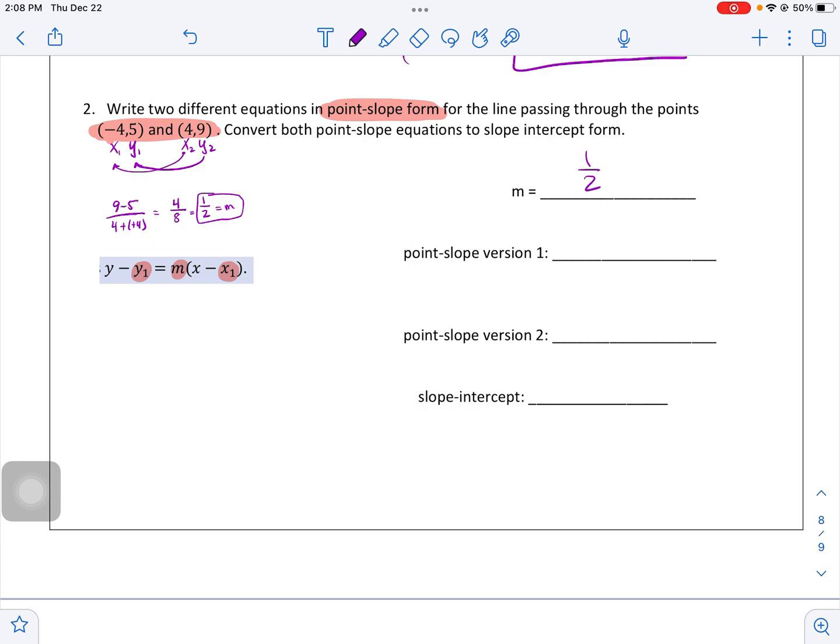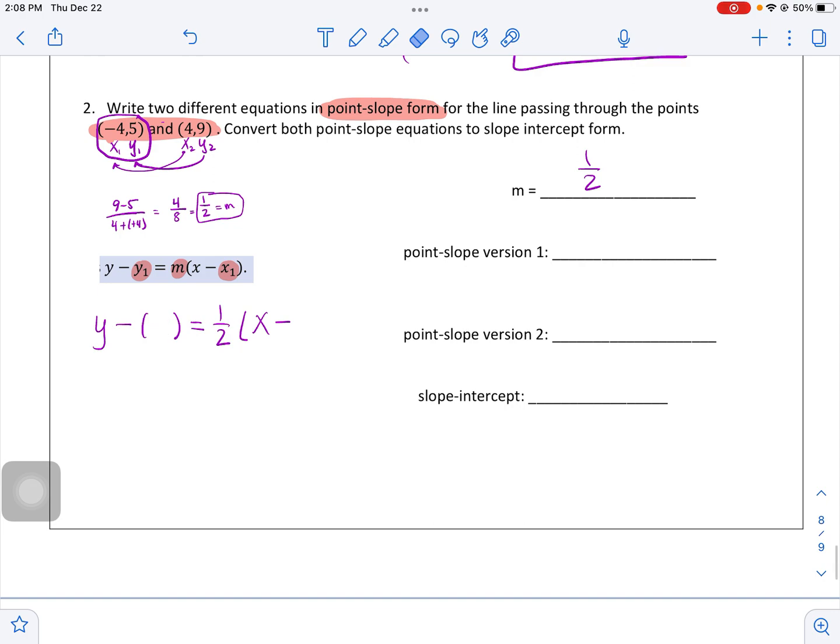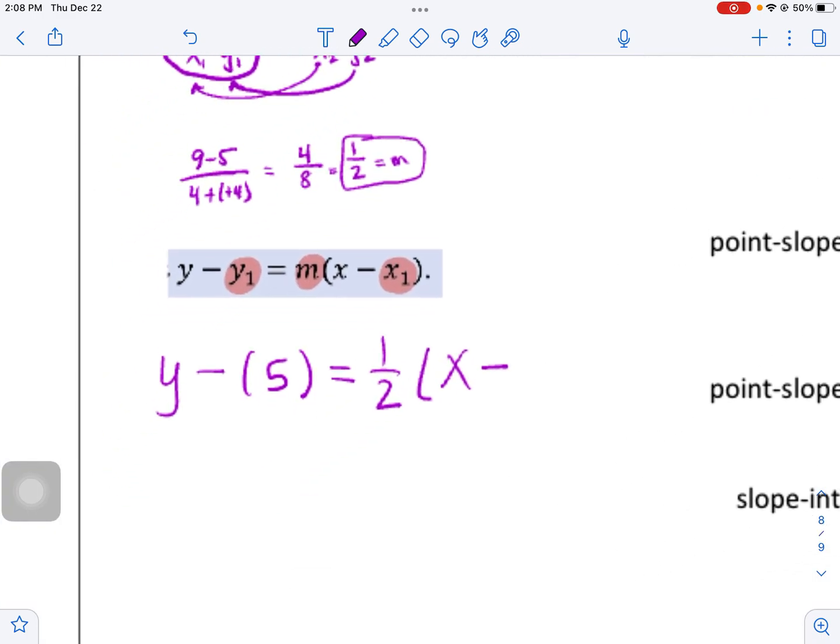So I have y minus y1. Here's my y1, we're going to pick that one, minus 5 equals, my slope is 1/2, parentheses, then the x value, then a minus sign, x1. I just put the wrong number in for y. There it is. Y1 was actually 5. And then x1 was -4.